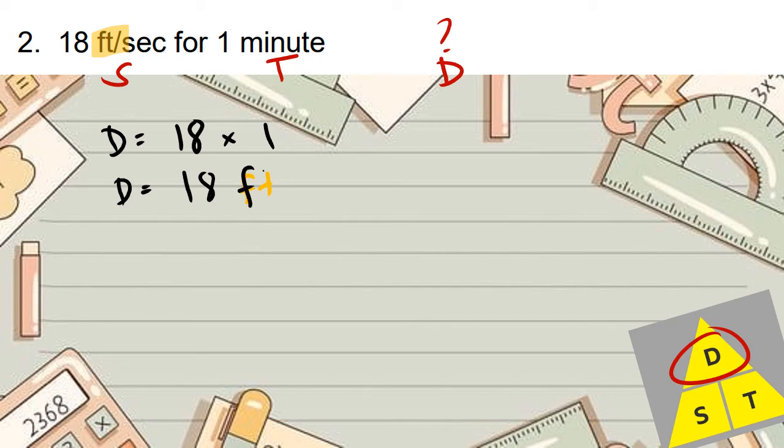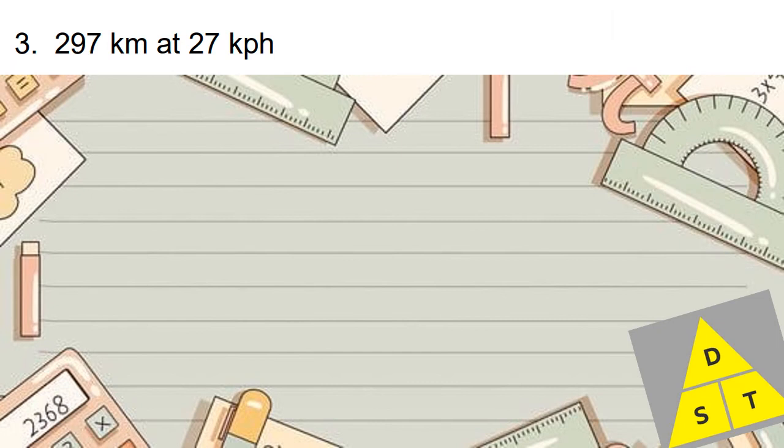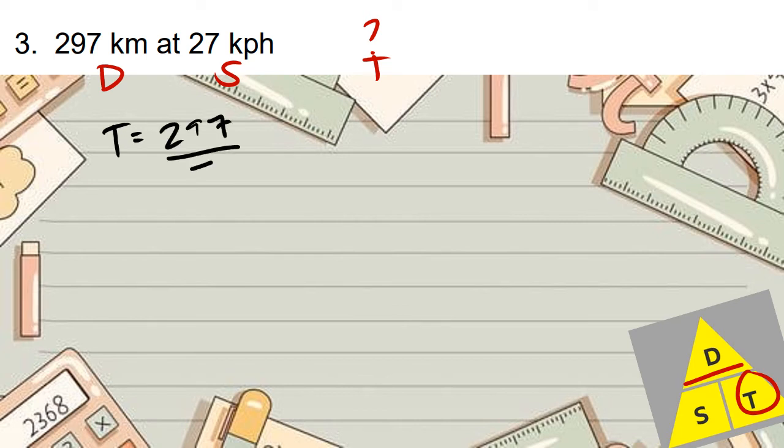This is next. 297 kilometer at 27 kilometer per hour, kph. So this is the distance and this is the speed. Time is the missing variable. So to find time, distance over speed. So that's going to be t is equal to 297 over 27.